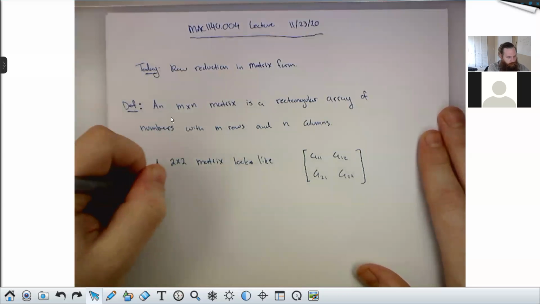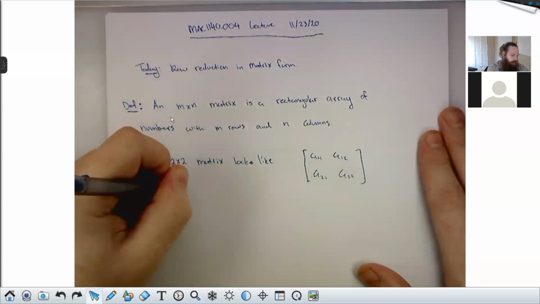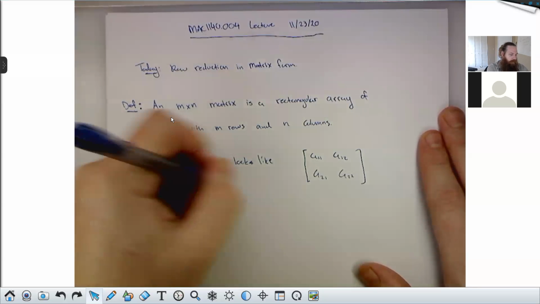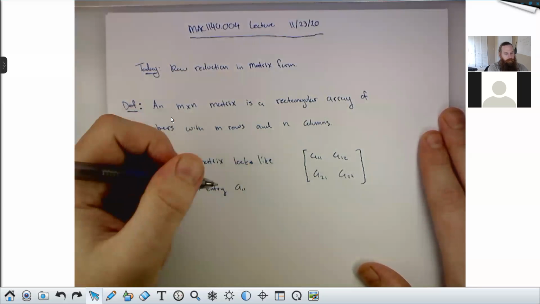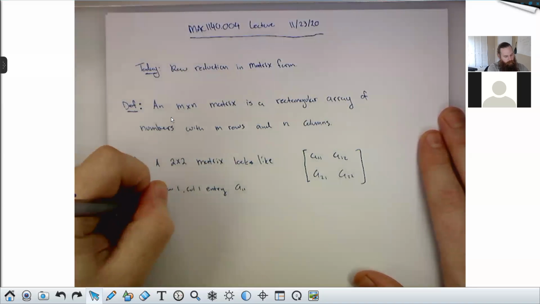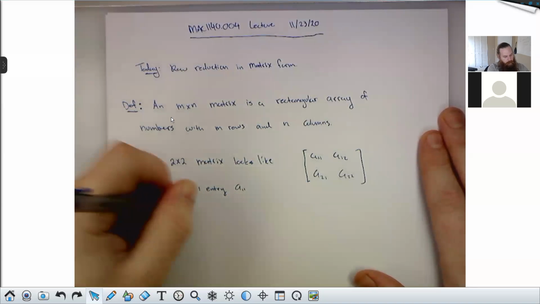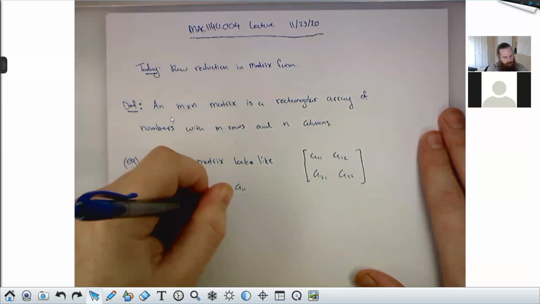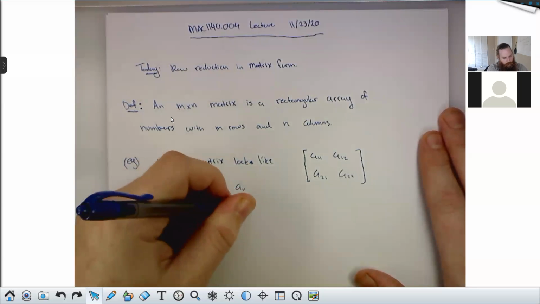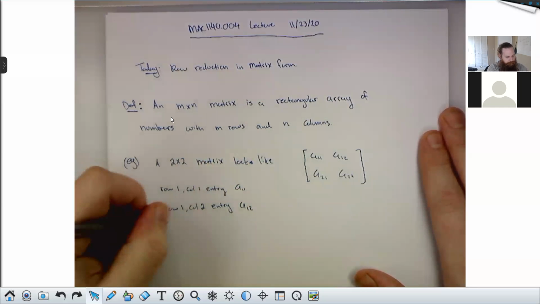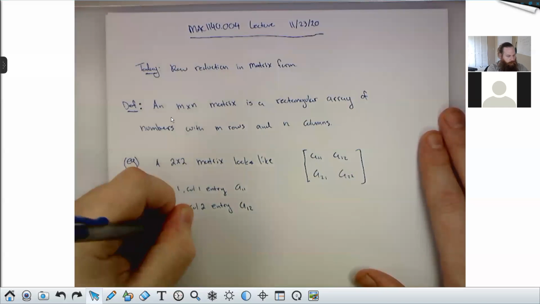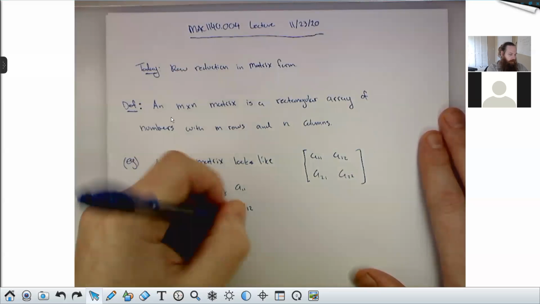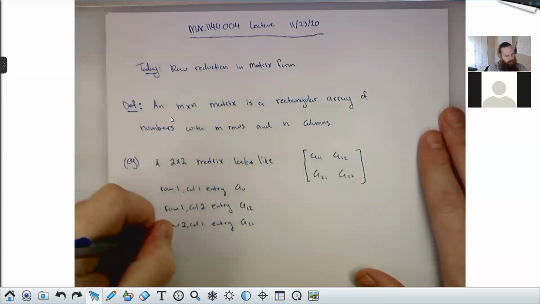So the row 1, column 1 entry is called A11. Row 1, column 2 entry is called A12. Row 2, column 1 entry is called A21.